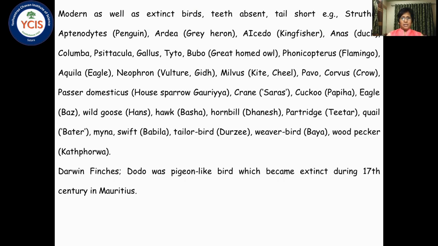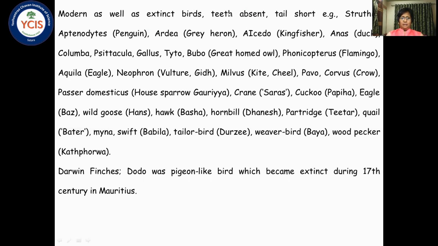And the examples of the birds found in this subclass are kingfisher, then penguin, duck, then great horned owl, then flamingo, then hawks, hornbills, then bower bird, then woodpecker, and another one that is Darwin finches.